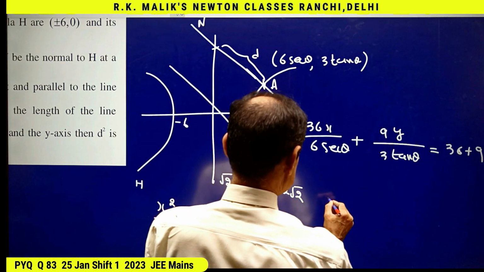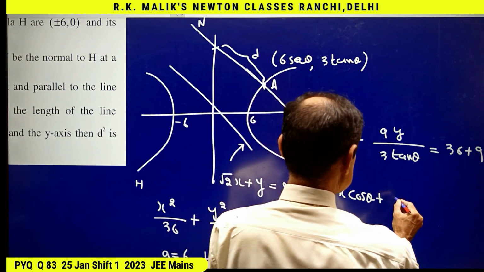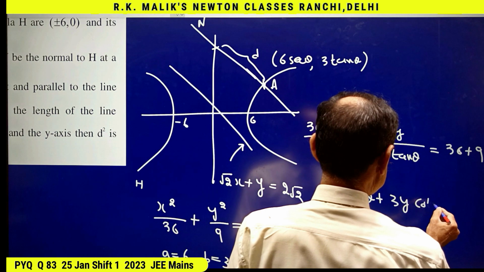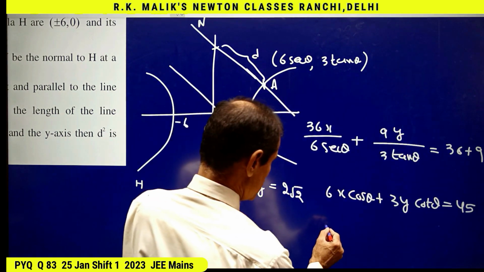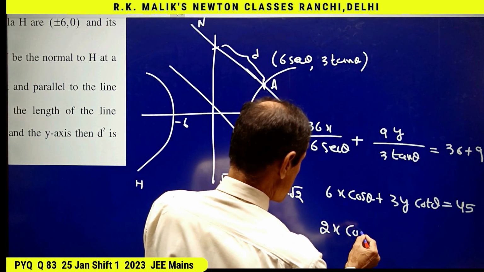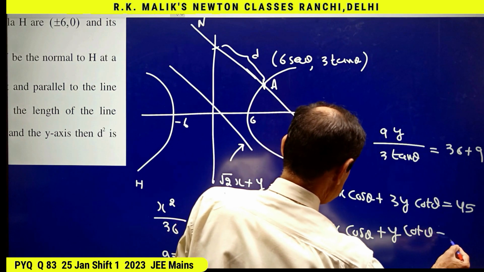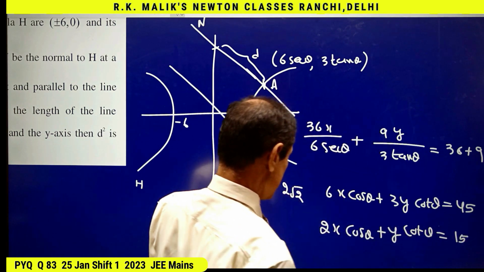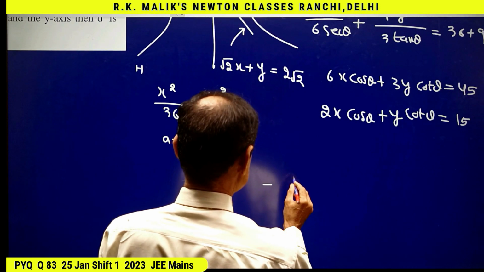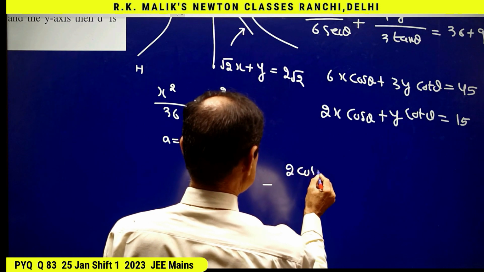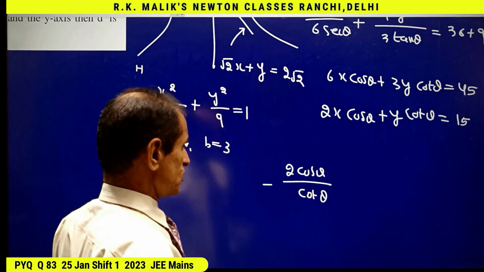That is, I get 6x cos theta plus 3y cot theta equal to 45. That is 2x cos theta plus y cot theta equal to 15. And clearly the slope of this is minus 2 cos theta upon cot theta.